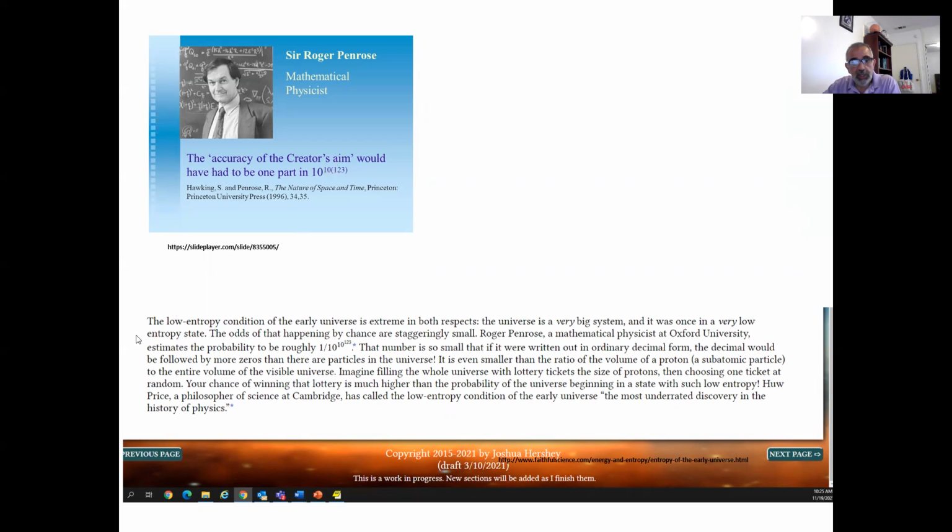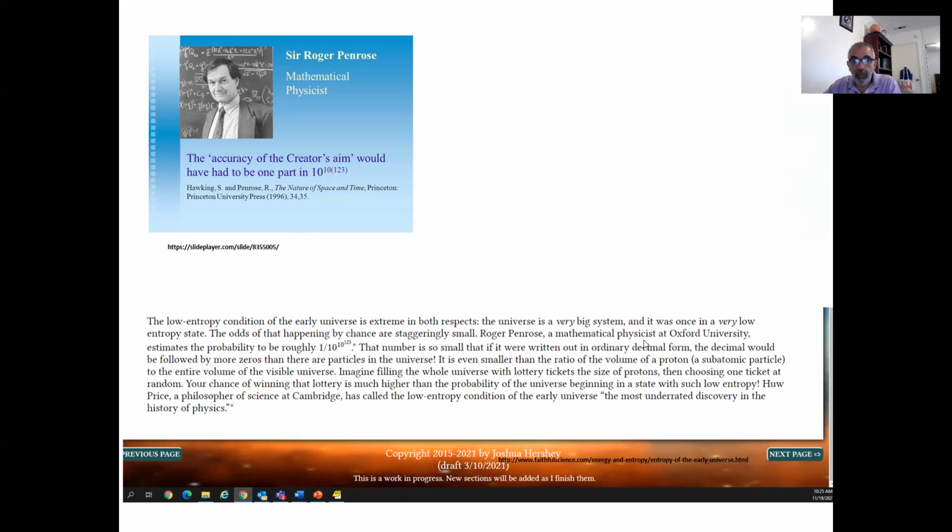Again, here's its citation. The low entropy condition of the early universe is extreme in both respects. The universe is a very big system, and it was once in a very low entropy state. The odds of that happening by chance are staggeringly small.